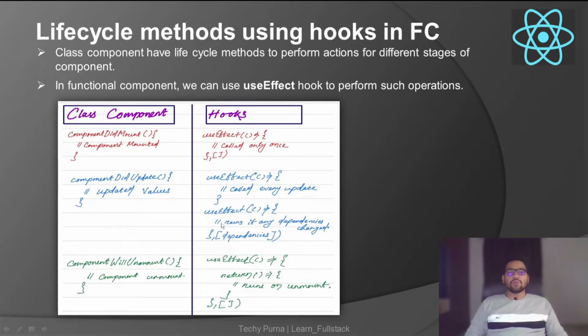But if you want to call something only when a particular dependency is updated, then you can pass a dependency variable here. Let's say, as per my previous example, a counter. If I use a count variable here, then it will only run when that particular count state changes.